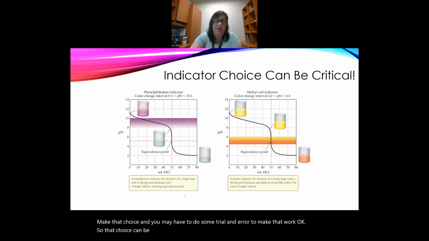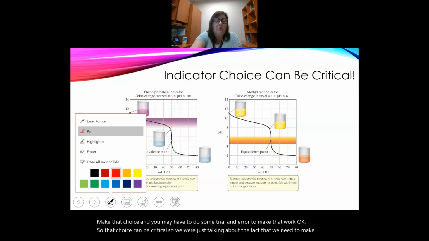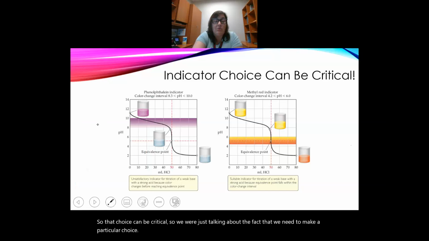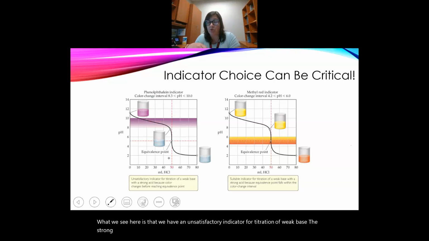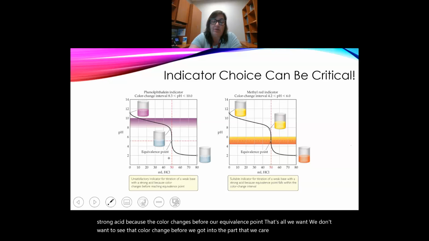We were just talking about the fact that we need to make a particular choice. What we see here is an unsatisfactory indicator for titration of a weak base with a strong acid, because the color changes before our equivalence point. That's not what we want. We don't want to see that color change before we've gotten to the part that we care about. So that doesn't work for us.